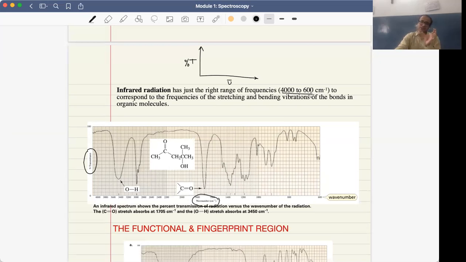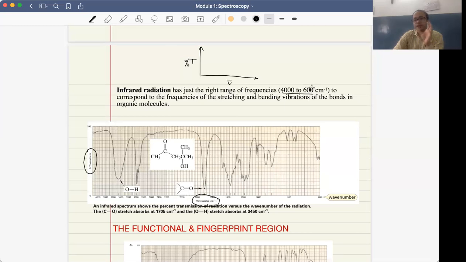All the vibrations that are happening in the molecule, be it stretching vibrations or bending vibrations, come in this infrared spectrum. When you take a sample and subject it to infrared radiation, each bond or bond angle has very characteristic vibrational frequencies.